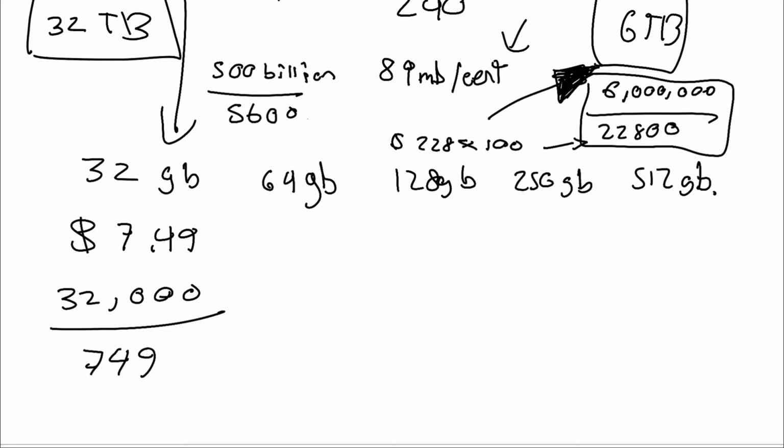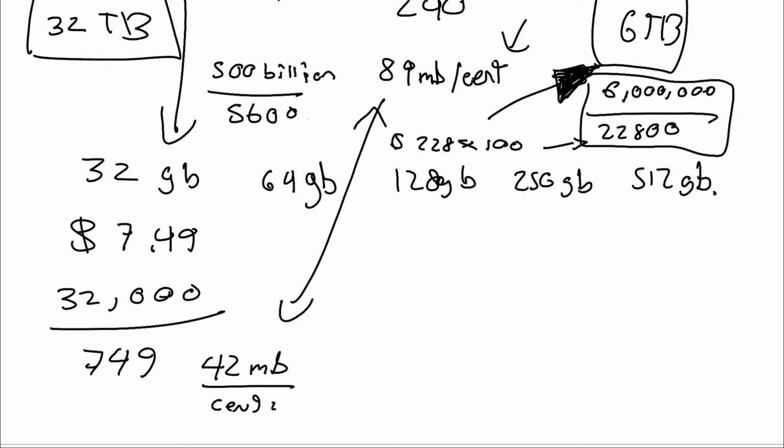We're going to get 42 megabytes per cent. So that's a lot more expensive, right? Because we're basically getting half of the price. But then again, this is a lot faster memory, okay? So you can see that while this is cheap, it's still more expensive than the hard drive.